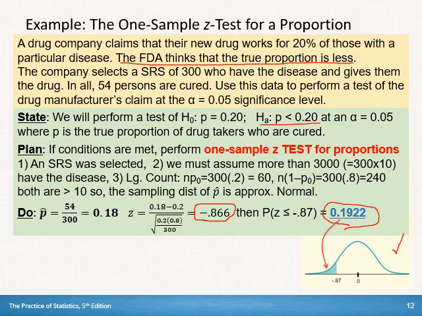All right, so we put down there the z, in this case, I put the z value. So the z value is negative 8.66 or 8.7. I could have also, instead of putting a 0 in the middle of our curve, put the hypothesized value of 0.2.